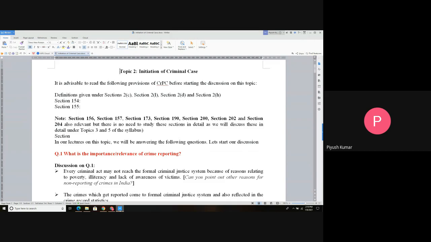But if the offense in any law other than IPC is punishable with imprisonment of either 3 years or more than 3 years, then that offense shall be treated as a cognizable offense for the purpose of applying the provisions of CrPC. This distinction is basically for the purpose of applying the provisions of CrPC relating to the power of police to arrest, the power of police to investigate, and the duty of police to register an FIR.